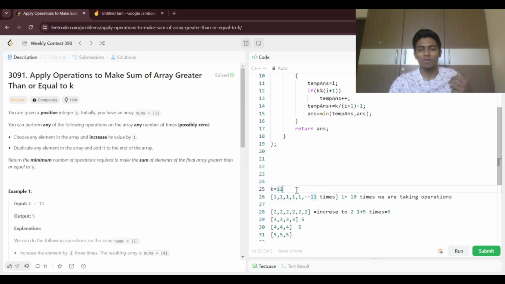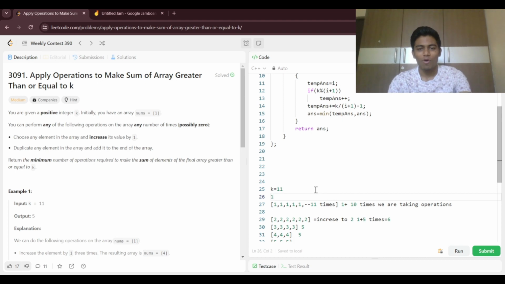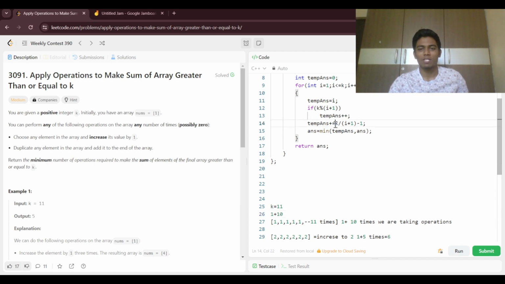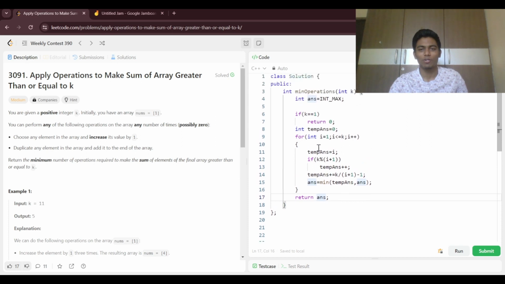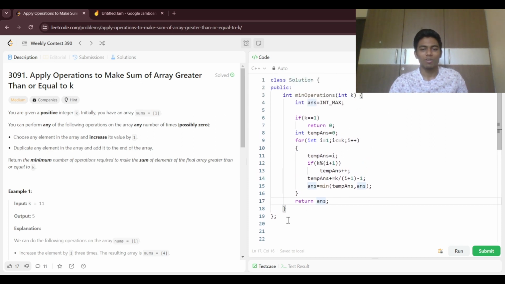But 11 is not the number of operations. Why? Because we already have 1 present in the array, so we need to do only 10 operations. So that's why I am going to consider k divided by i plus 1, minus 1, and then out of all the answers we are going to take the minimum and return it.